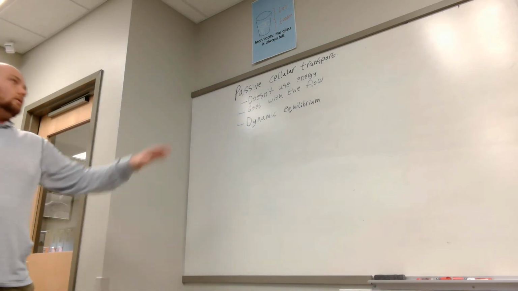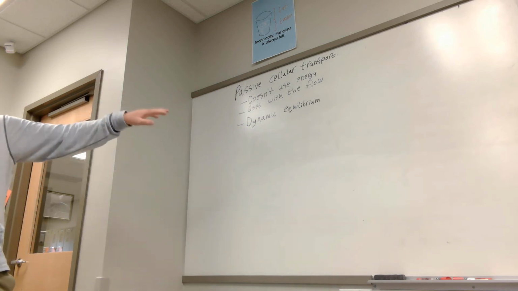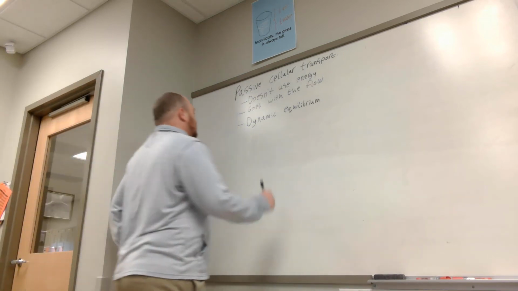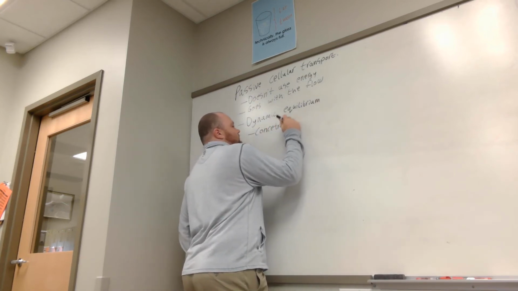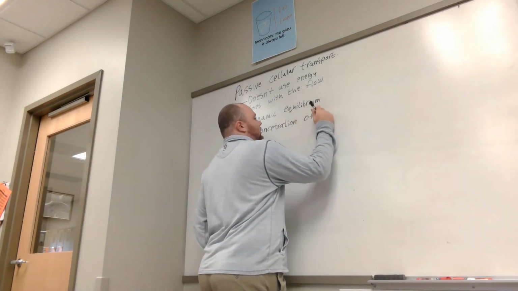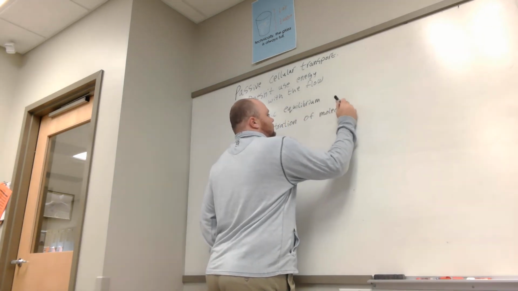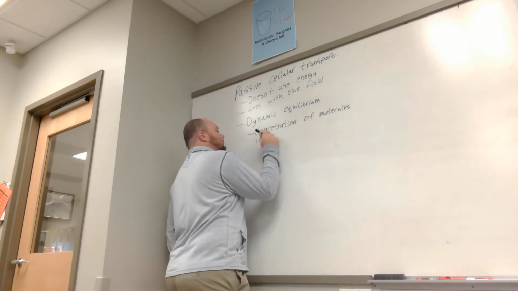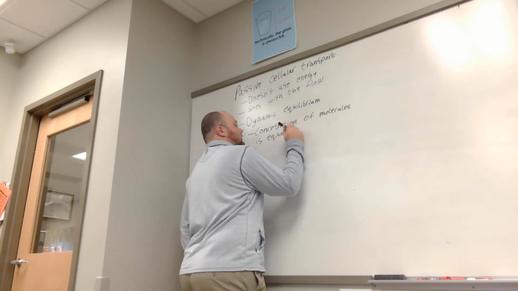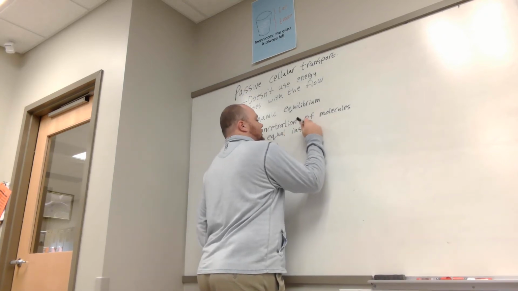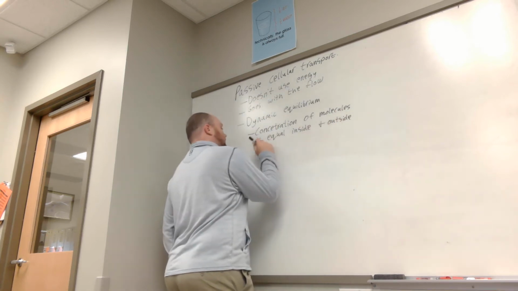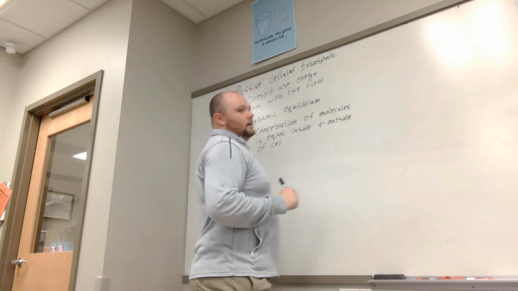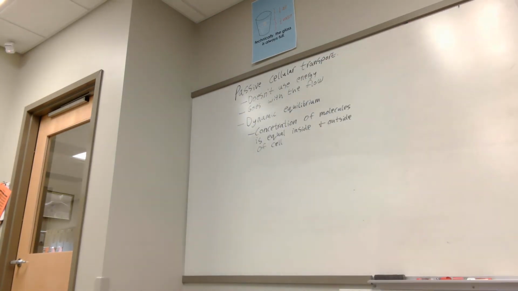What you're trying to do with dynamic equilibrium is reach a point where concentrations of molecules are equal inside and outside of the cell. So you're trying to get everything balanced.